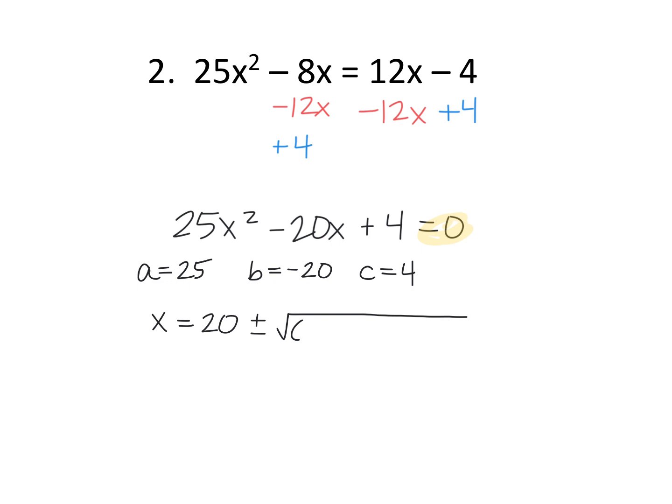I'm just using the formula, so you can follow along the top of your paper, or it's on my whiteboard. Negative 20 squared. Minus 4 times A, which is 25, times C, which is 4. All over 2A. Okay, so all of it over 2 times 25.